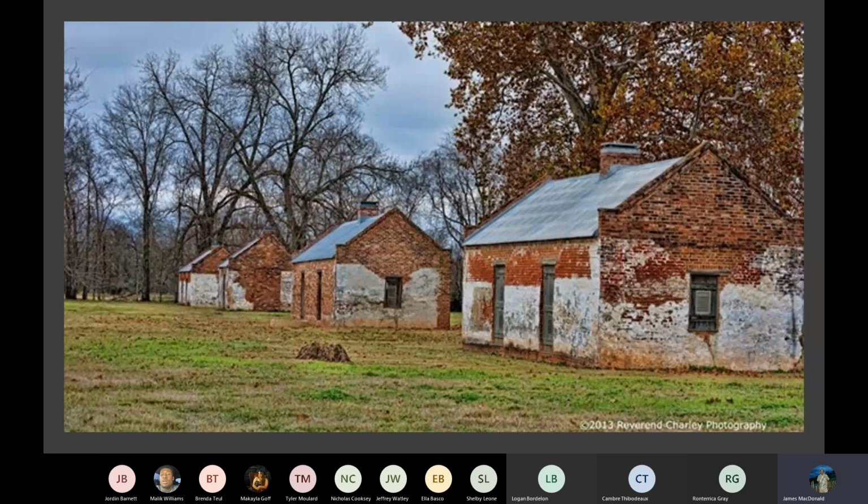Field hands received 4 suits of clothing per year. Pants and shirts for men, dresses for women. They were often made of rough brown cotton that wasn't suitable for manufacture to be sold to the larger public, but what they called and nicknamed Negro cloth, because it was dedicated to slaves, would be manufactured in the North and sold in the South, reminding us always, of course, that this is a national institution, that of slavery.